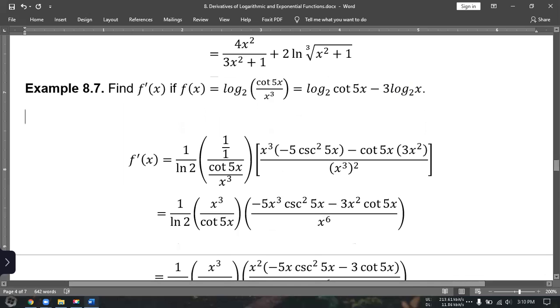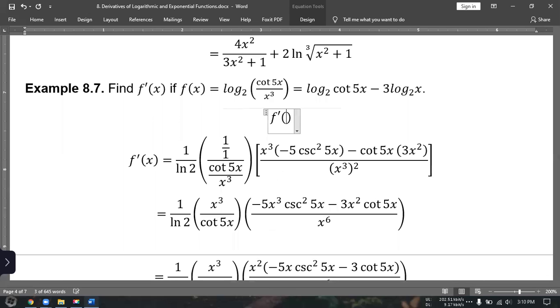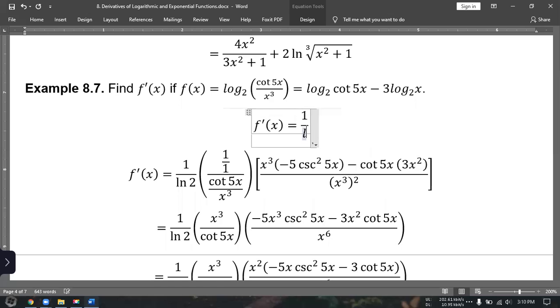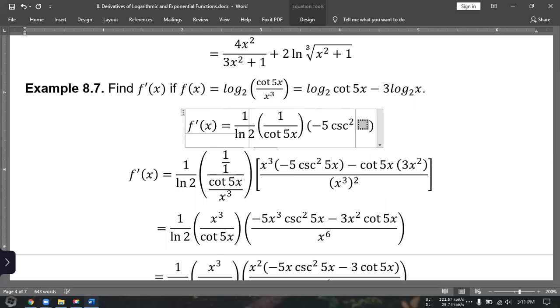We have f prime of x equivalent to this: 1 over natural logarithm times 1 over cotangent x times the derivative of cotangent of 5x, negative 5 cosecant squared of 5x, right?